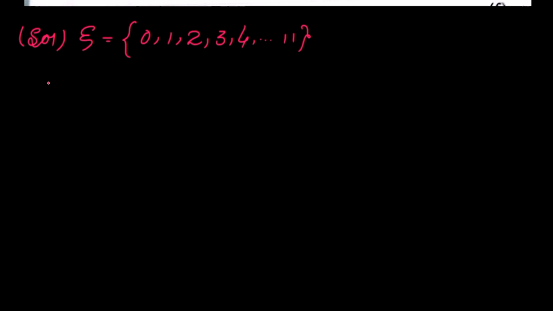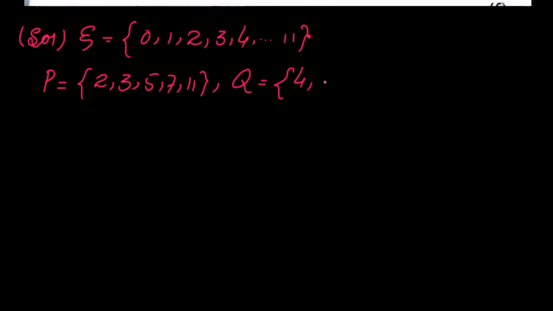The next one is P. Set P represents the set of all prime numbers which are less than 12. So the first prime number you know is 2, second is 3, 5, 7, and the last one is 11. Q, the set of composite numbers. The first composite number is 4, the second one is 6, 8, 10, and also 9.